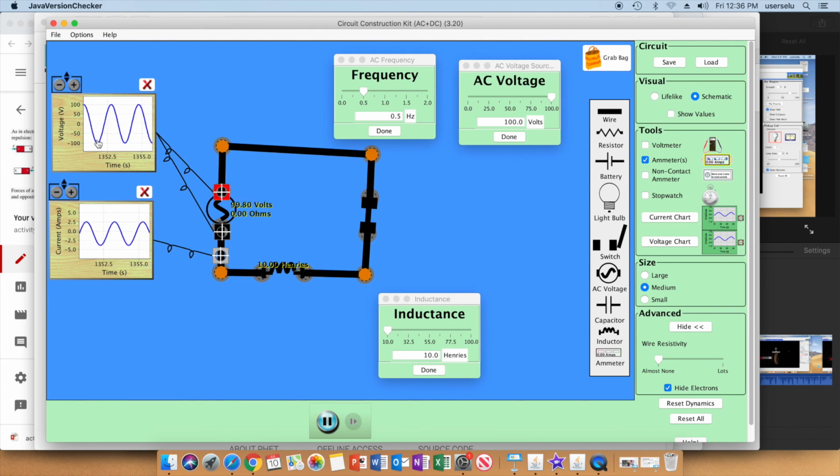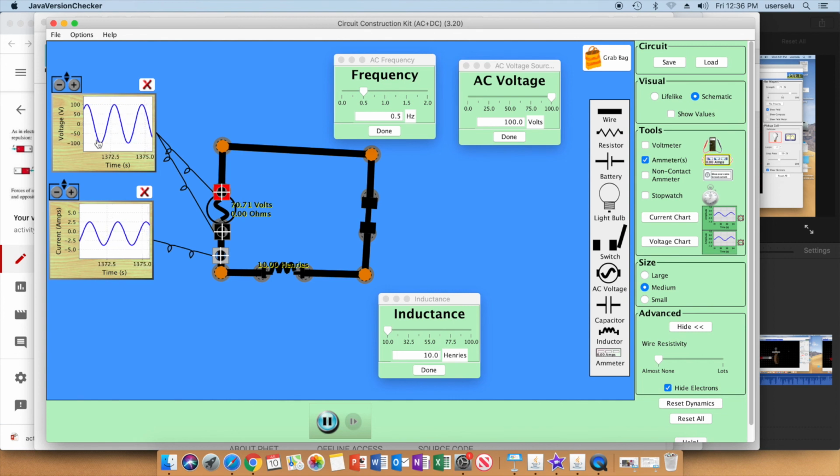So I get about positive 3 amps to negative 3 amps as the voltage goes from plus 100 down to minus 100. Now, one of the things you're going to have to do is calculate what we would predict the current would be in this circuit by calculating the so-called inductive reactance. There's a formula on the slides.